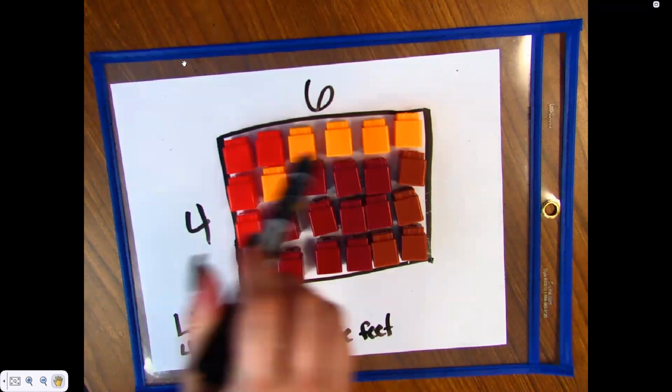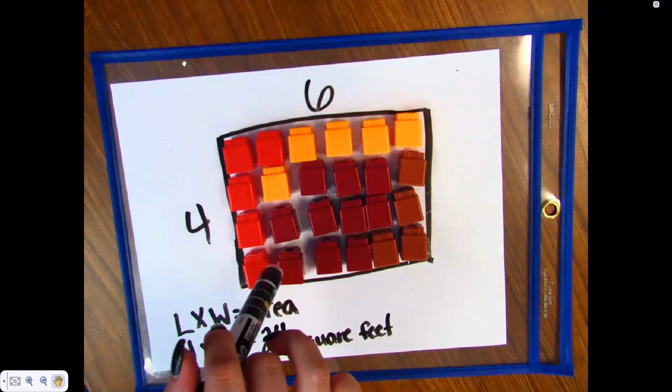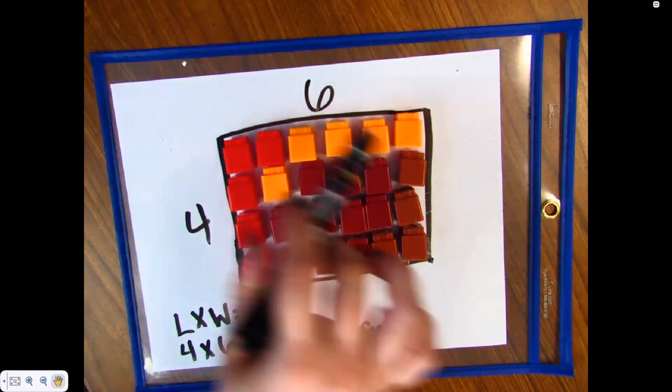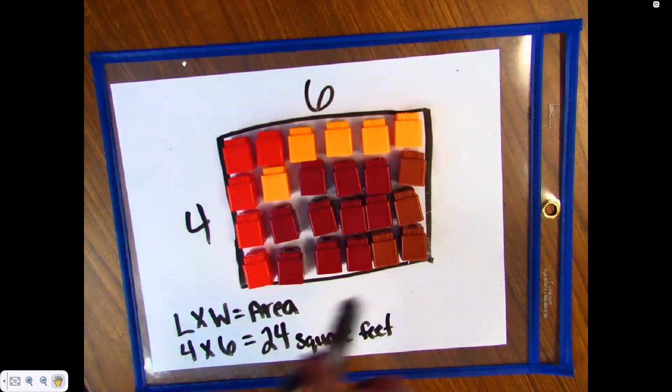Or you can count all of these squares that are on the inside. It's easier to multiply. But if you're unsure, you're questioning yourself, you can always count these squares on the inside because we're looking at how much space is being taken up on the inside of this square.